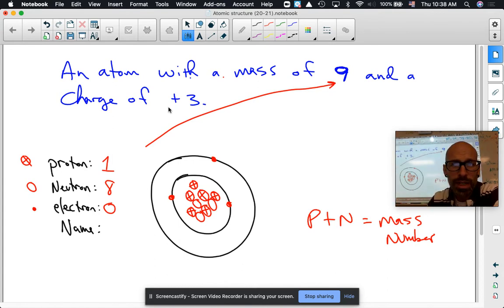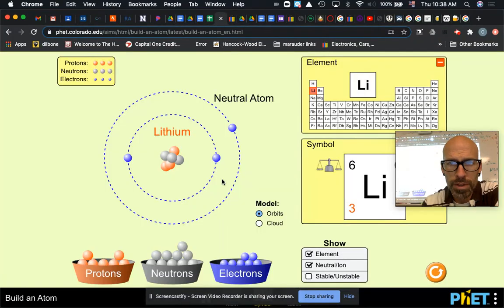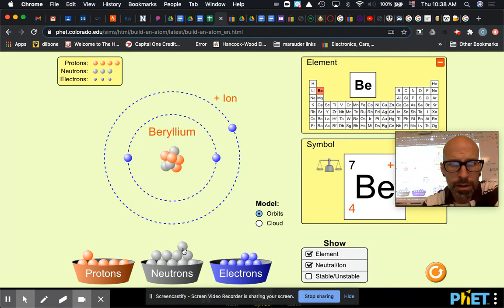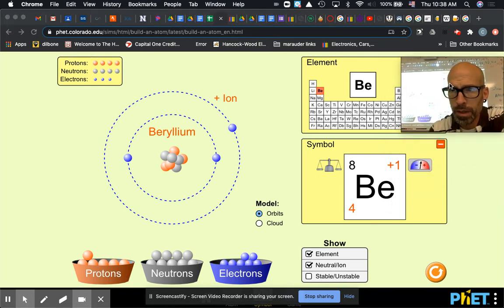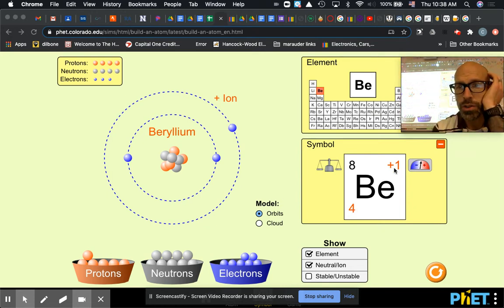So again, I hope you're getting how this works. The only other thing you really need to make sure that you get is this right here. If you're looking at this little box, you need to be able to see this box and know that that's the mass, and that is the atomic number or proton number, and that is the charge.